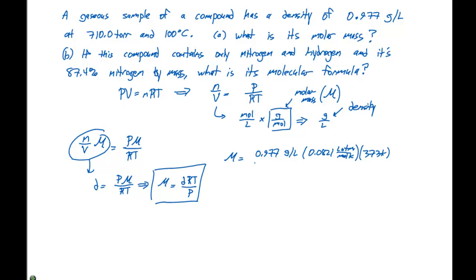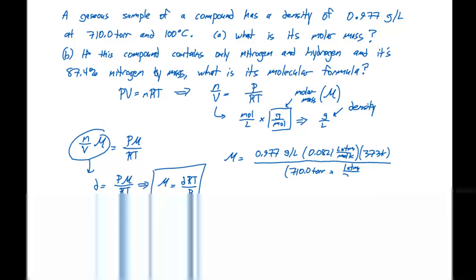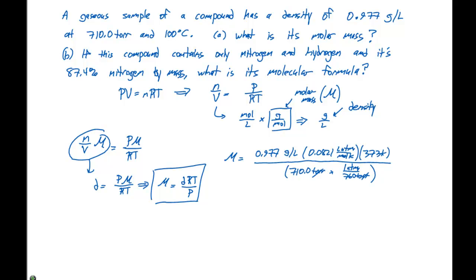We divide this by our pressure, which is 710.0 torr, and we convert that to atmospheres by multiplying by 1 atmosphere over 760 torr. That gives us a molar mass equal to 32.0 grams per mole, and that is the answer to part A of our problem.